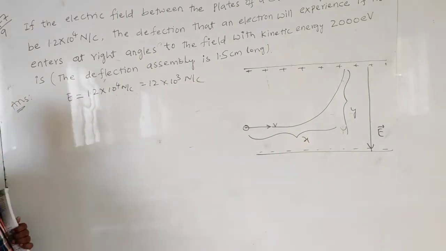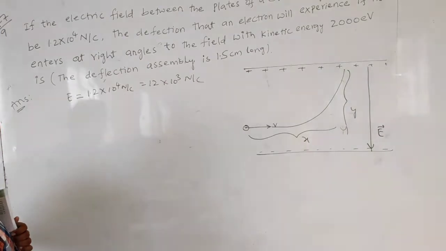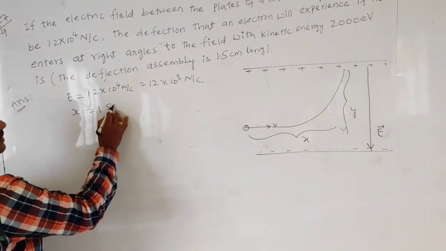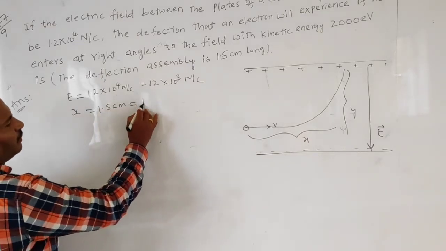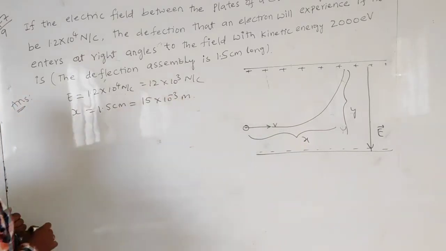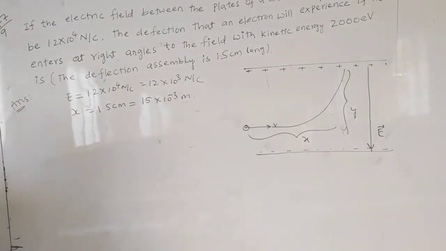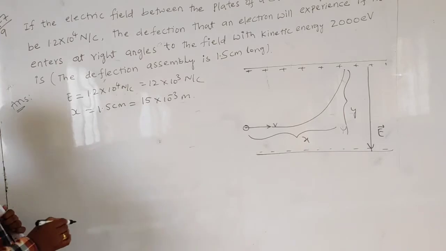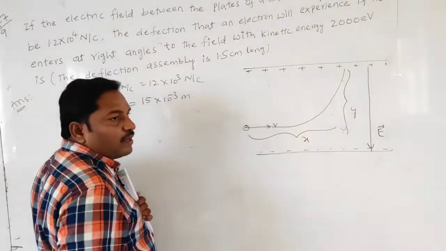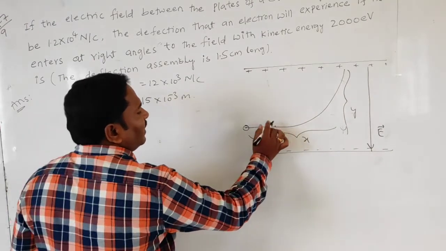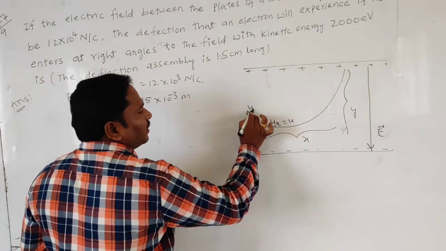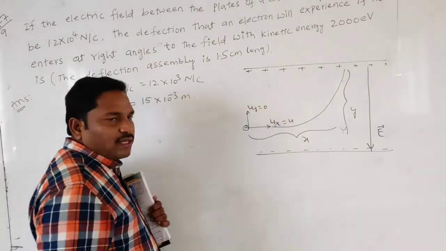Now x is given as 1.5 centimeters. We can write 15 into 10 power minus 3 meters. We converted into meters. Now when it enters the uniform electric field, its initial velocity ux equal to u, and in this direction uy equals 0 initial velocity.